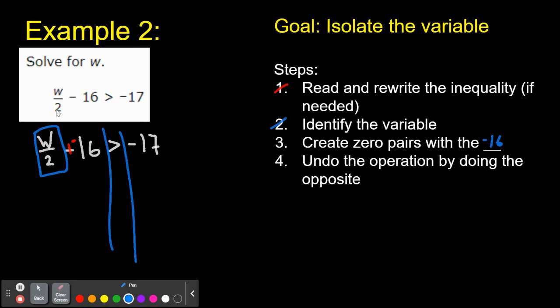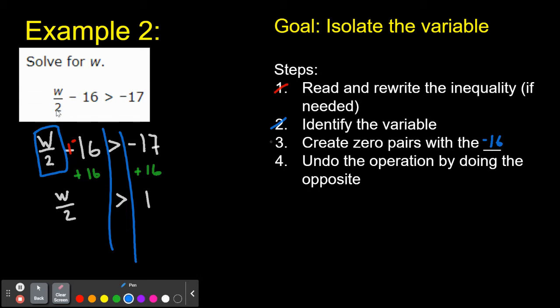So we need to get rid of this -16. To get rid of -16, we're going to add +16. If we add +16 on the left side, we're going to add +16 to the right side, and we end up with w divided by 2 is greater than, what do we have more of? We have more positives. How many more positives? 1 more positive.